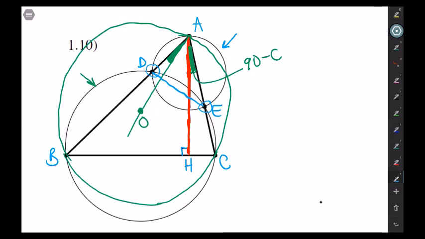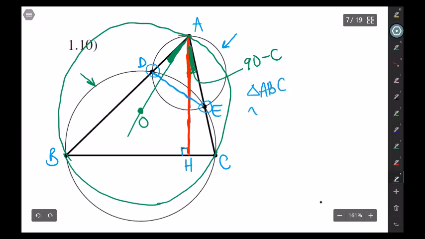A ton. For instance, triangle ABC is similar to another triangle. Which one? Yes, AED. Aha. Now check this out. Why would that be? Because this angle here is a B. Well, this angle is also a B. Do you guys see why?